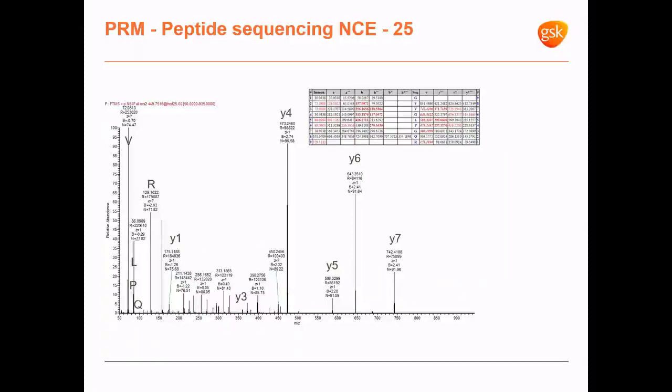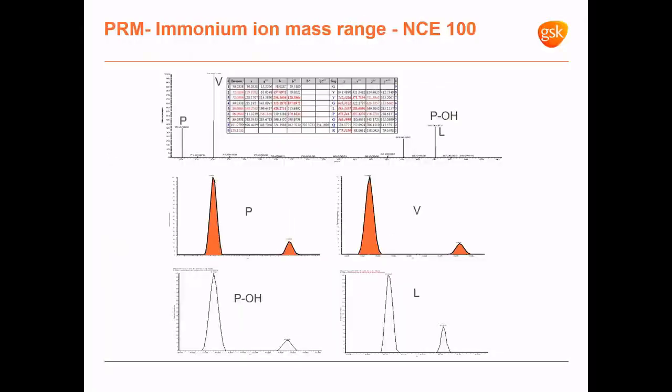So here's an example of a spectrum of a targeted peptide with the 25 NCE, and then the following spectra with 100% NCE, where if we zoom in closely for proline, valine, hydroxyproline, and leucine, we can very clearly differentiate the 2H isotopolog abundance and the 13C from all of these. And what's cool after metabolic labeling is you have multiple reporter ions per peptide.